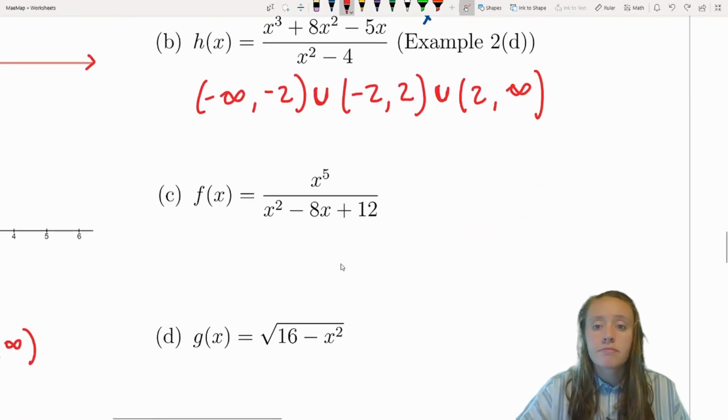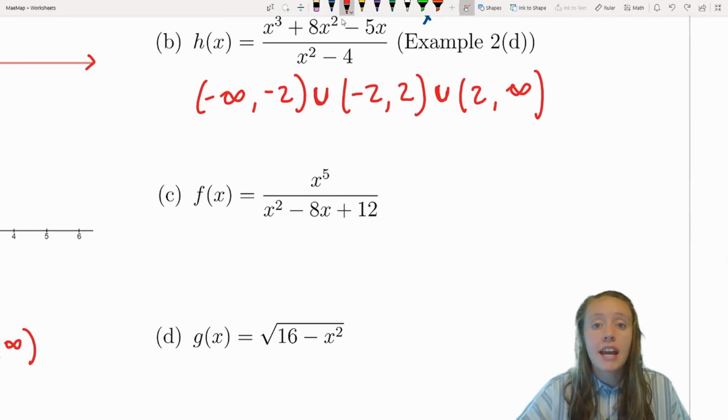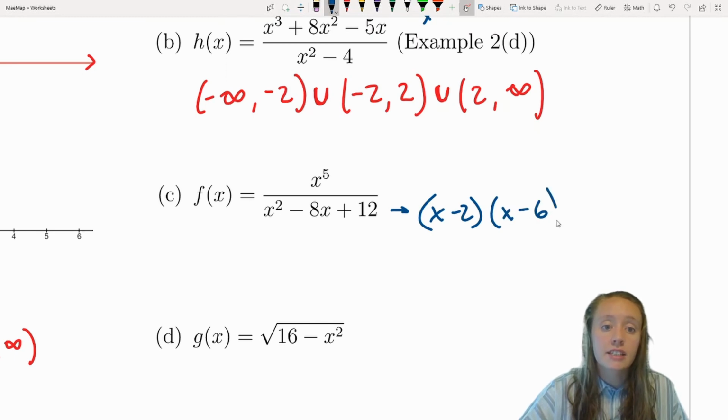In part C, what makes our function not continuous? That's when the denominator equals 0 in the case of a rational function. So what multiplies to give me a positive 12 and adds to give me a -8? That's going to be x minus 2 and x minus 6. The -6 and -2 multiply to give me a positive 12 and add to give me a -8.